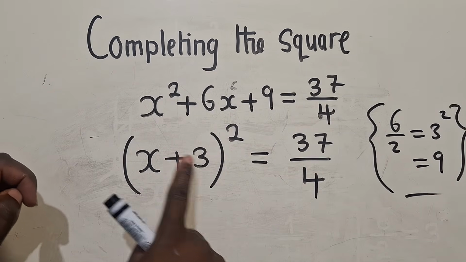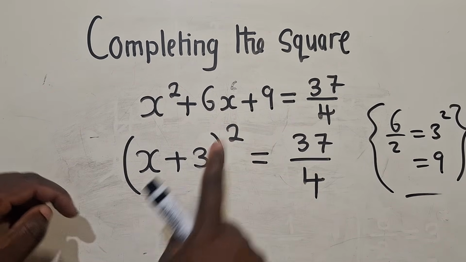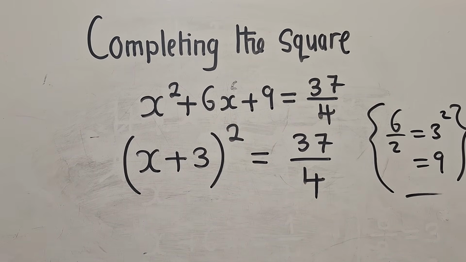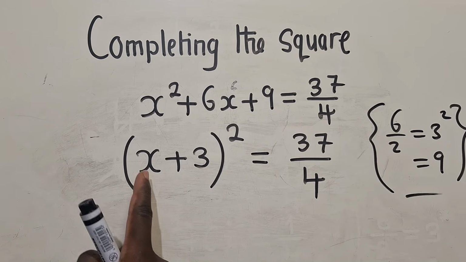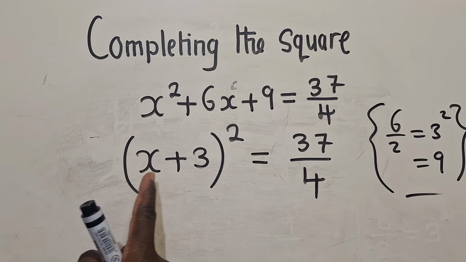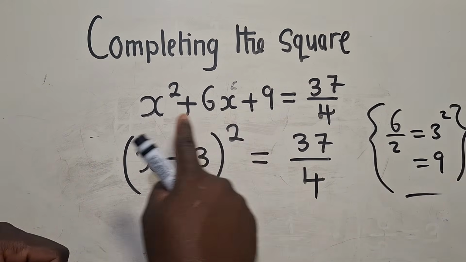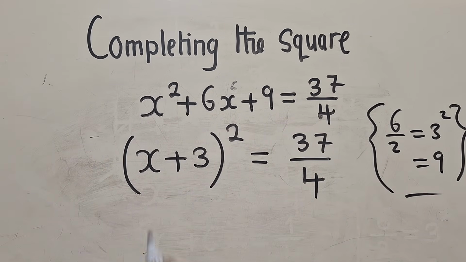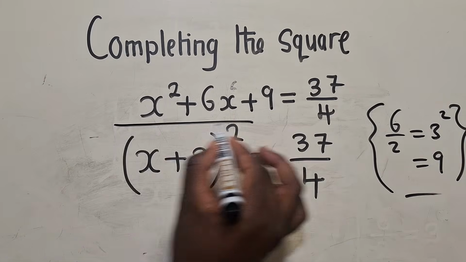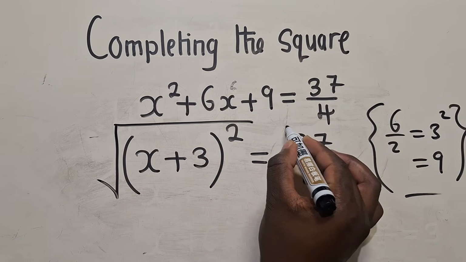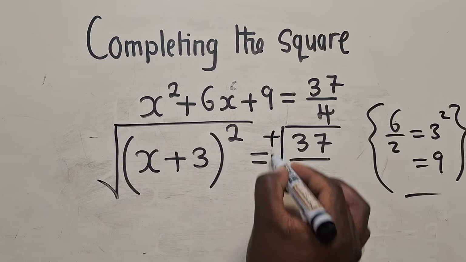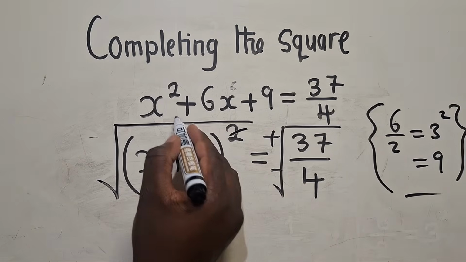This is a perfect square. Or what I'm trying to say is that when you multiply x plus 3 times x plus 3, this times itself, we will get what we have right here. So at this point, we can get rid of the power 2. I guess you know this. So the power 2 and the root will go.